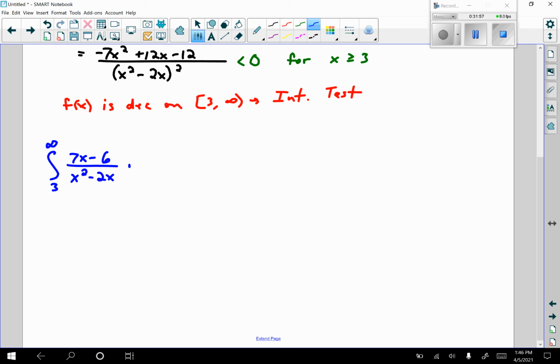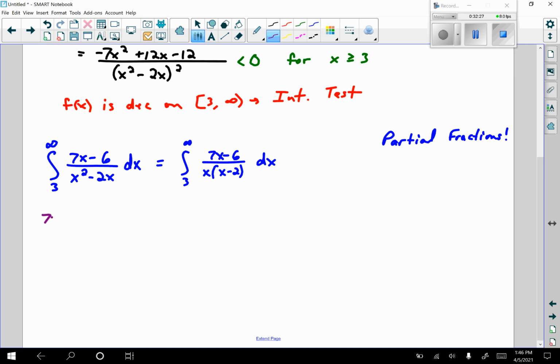Now in this case, we can actually factor that denominator, and as we do that, this allows us to use partial fractions. If you weren't sure, you could try substitution and see how that works out for you. But always look to see if you can factor that denominator, then we would want to use partial fractions.